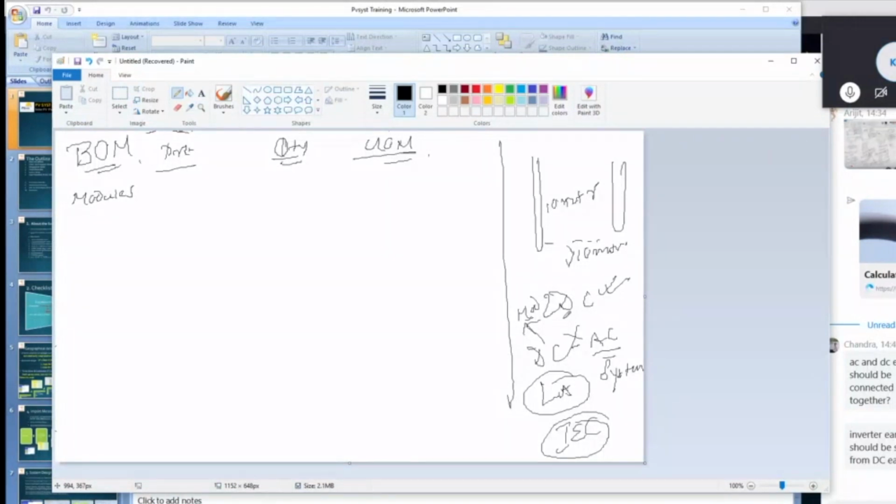The previous model of Power One doesn't have an internal SPD. Nowadays they have SPD. So for the previous model of Power One, we need to take a DC earthing from the inverter too, due to the absence of DC SPD. But most inverters have an inbuilt DC SPD, so we need not do DC earthing for an inverter. AC earthing is more than enough.